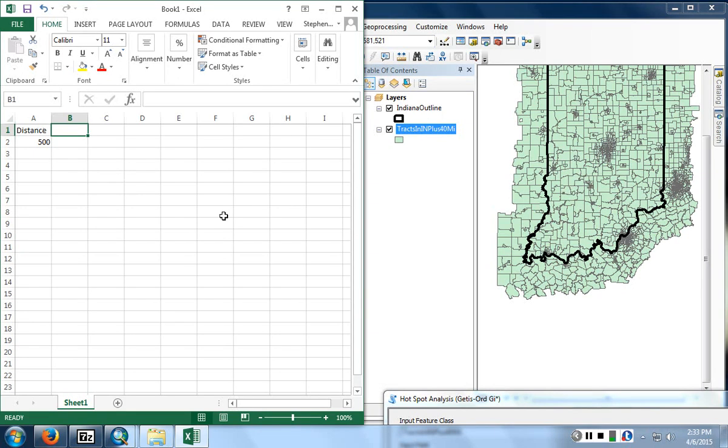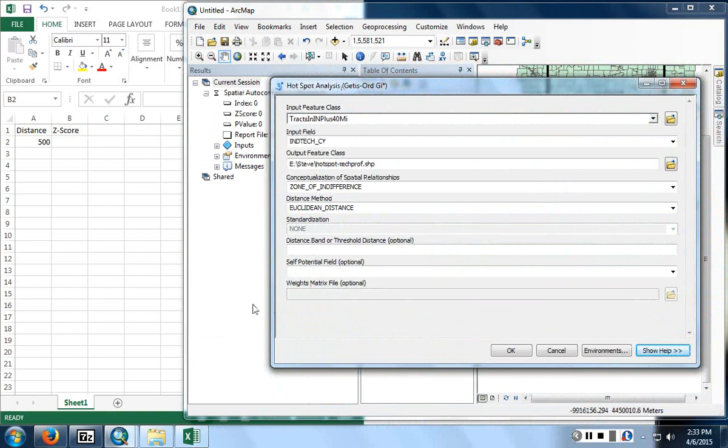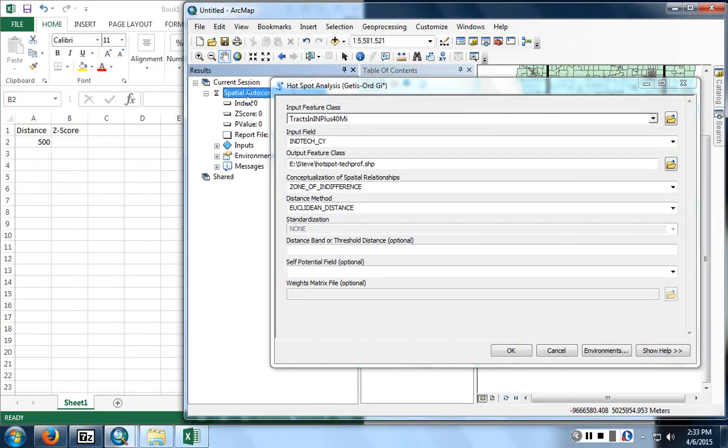So I have distance, and I'll have my z-score as my columns. Still running.